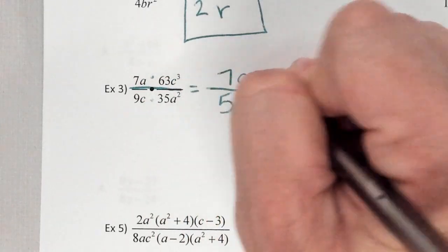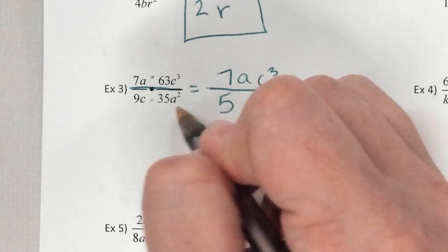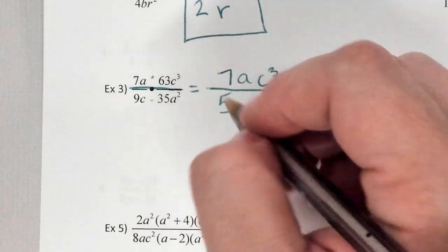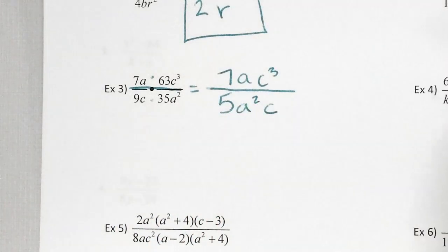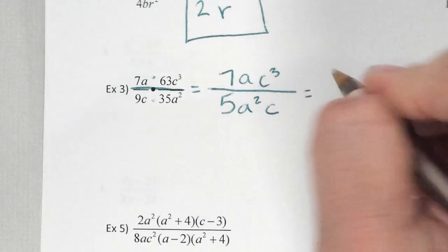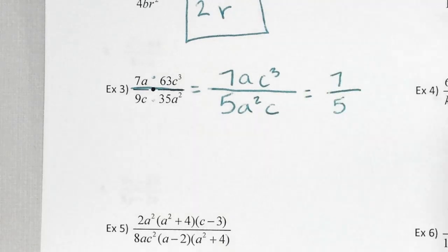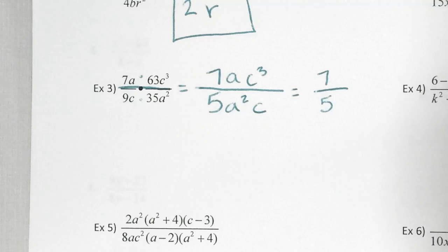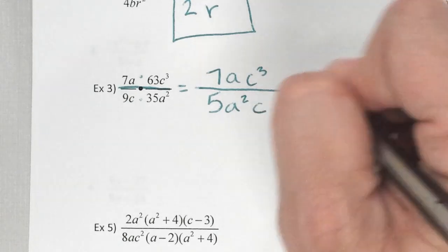So A C cubed, and I don't have a duplicate letter on bottom, so I'm just going to write it in order. A squared C. Am I done? No, so let's keep going. So I still have my 7 over 5. Where are there more A's? Bottom. And how many do I have left? 1. Where are there more C's? Top. How many do I have left?